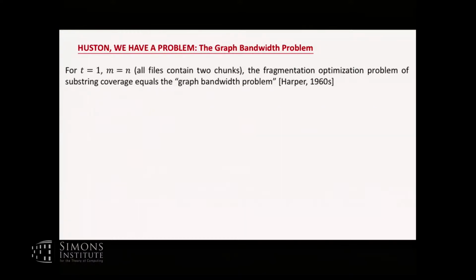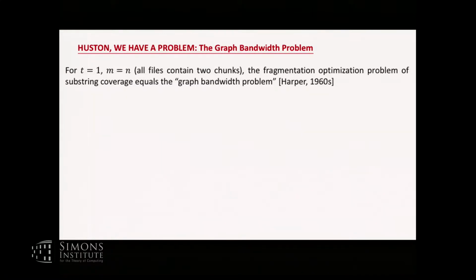So, what I'll talk about is the graph bandwidth problem, because that was the formulation that is the most common one. You retrieve the substring of the chunk store that is of shortest length and covers all the chunks in a file, and then you try to find this minimum coverage length for each file.